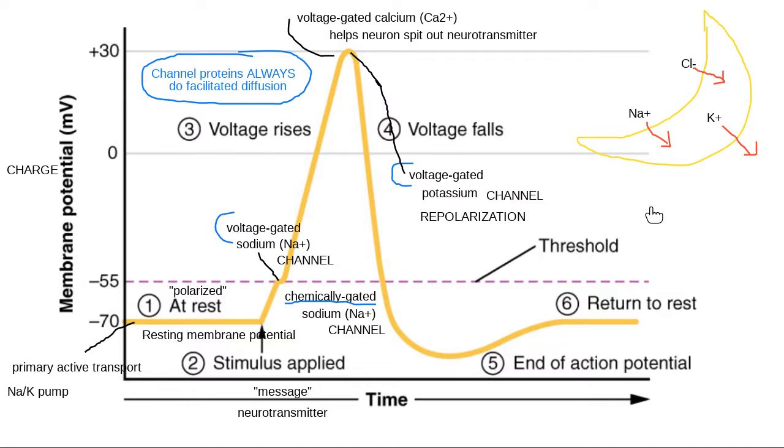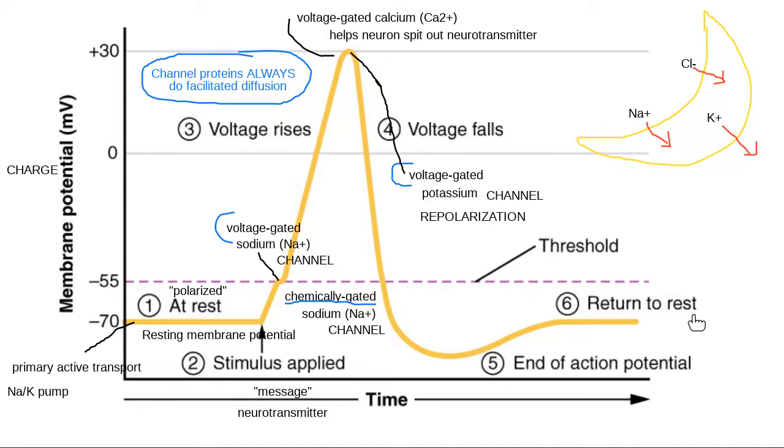I think I had another question. Somebody had asked what was happening at parts number 1 and number 6. I think we kind of helped each other out with this, but at times number 1 and number 6, where it says we're at rest, this is when my cell is at resting membrane potential. So when it's at its normal charge, waiting to hear a message from a neighbor.